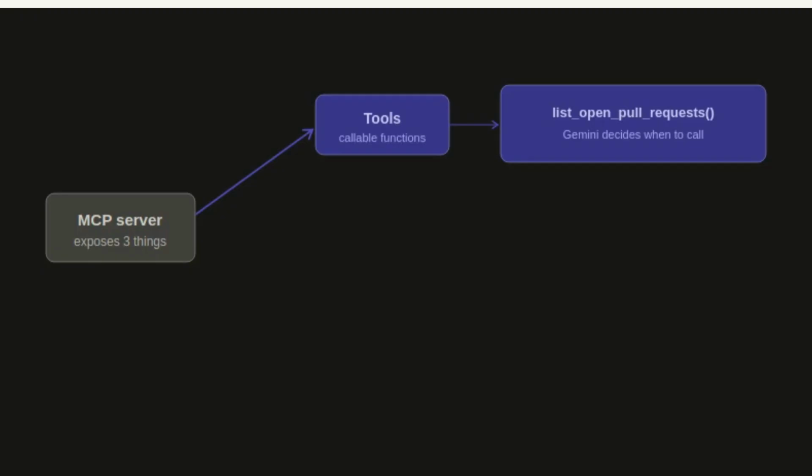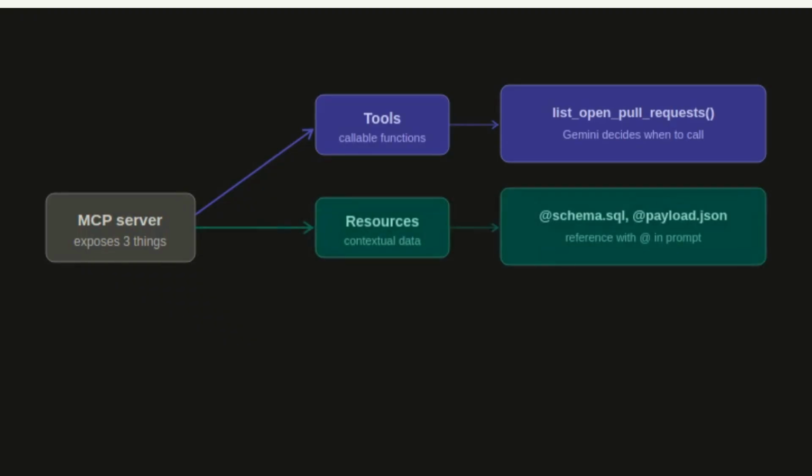An MCP server exposes three things to Gemini CLI. First is tools. Callable functions Gemini can invoke, like list open pull requests or query this table. These work exactly like Gemini's built-in tools. Gemini decides when to call them based on the task. Next is resources. Contextual data the server exposes.